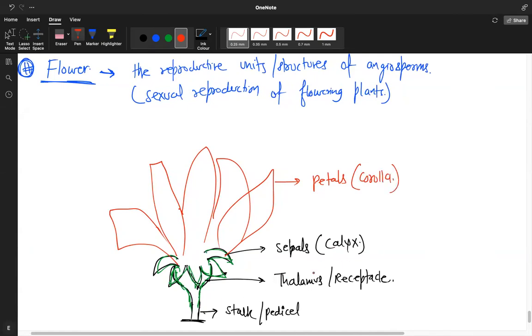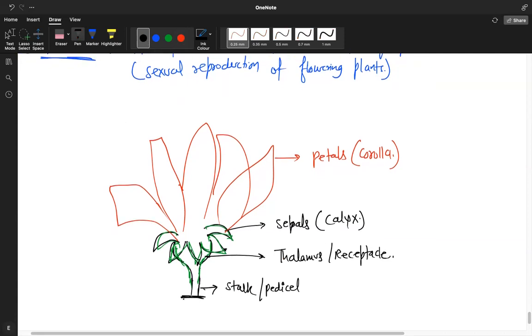So the stalk helps the flower to attach to the branch or stem. Then thalamus is the swollen part at the base of the flower.